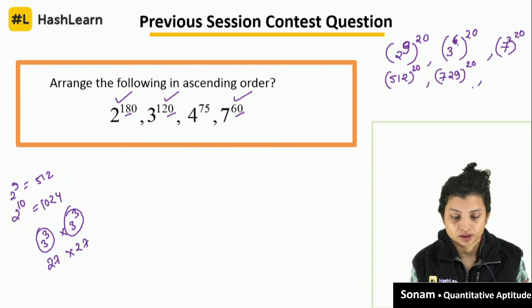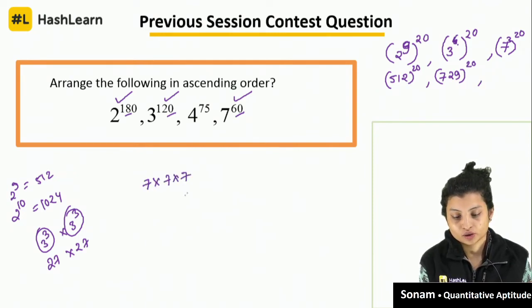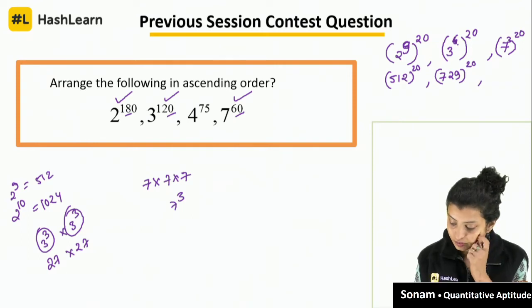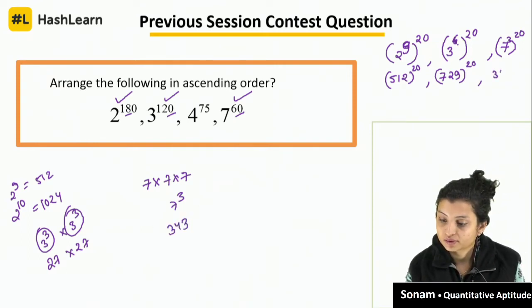Okay, and the last one, 7 cube. How much is 7 cube? 343, right? So 343 to the power 20.